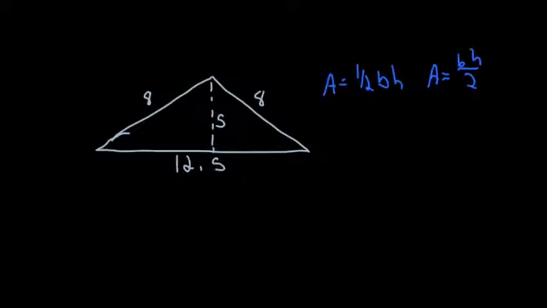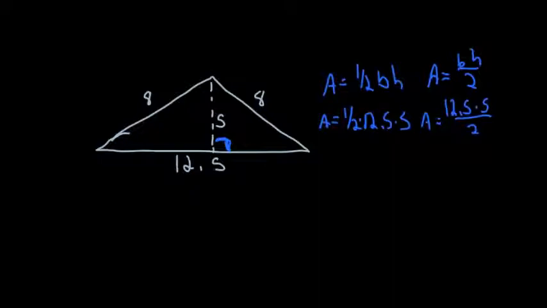Well, the only 90-degree angle in this is formed by that dashed line right there. So our base is 12 5/10 and our height is 5. So we're going to do area equals 1/2 times 12 5/10 times 5, or area equals 12 5/10 times 5 divided by 2.